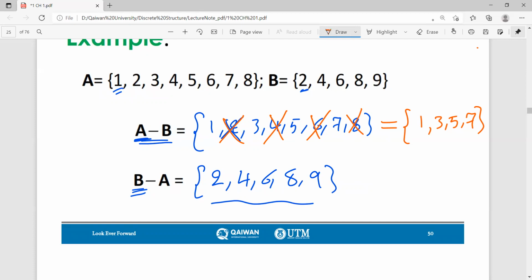For 2, we have 2 in A, so we delete this one. 4 is in A, we delete it. 6, we delete it. 8, we delete this also. The only element that we have in B difference A is 9. So B difference A is 9. That's how to find the difference of two sets.